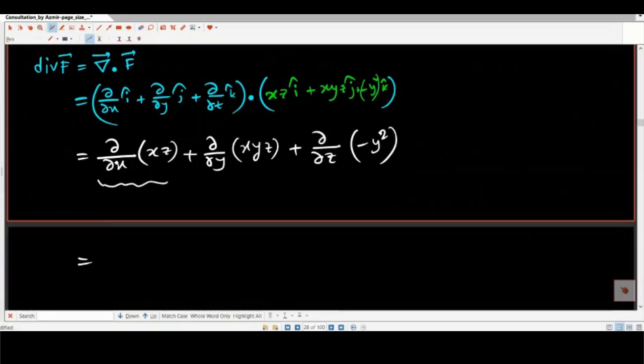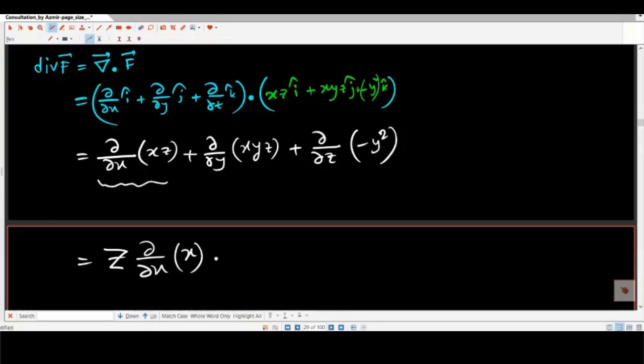We are differentiating in terms of x, so z will be constant, so z can be pulled out, ddx of x, plus we are differentiating in terms of y, so x and z will be constant, so these two are pulled out, dy of y.